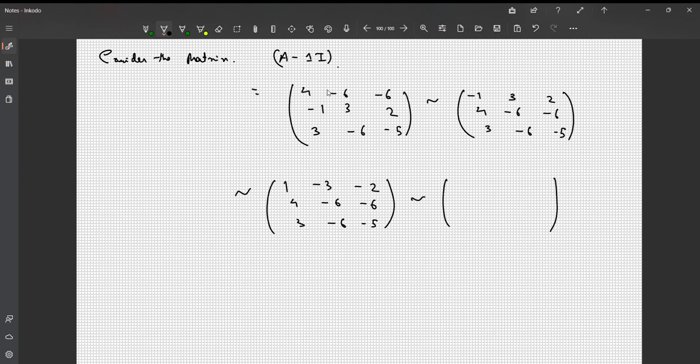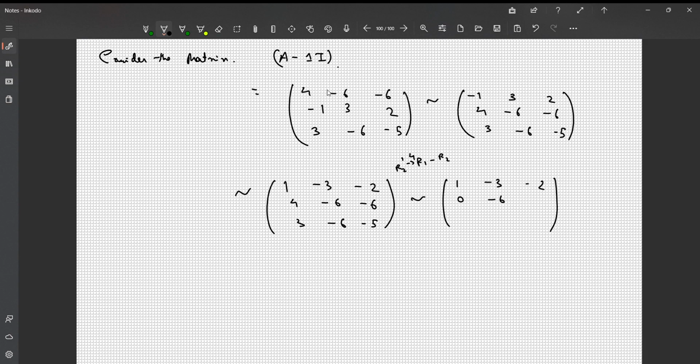Then we replace the second row: r2' equals 4 times r1 minus r2. So we have 1, -3, -2. This becomes 0. Here, 4 times -3 is -12, plus 6, so it becomes -6.